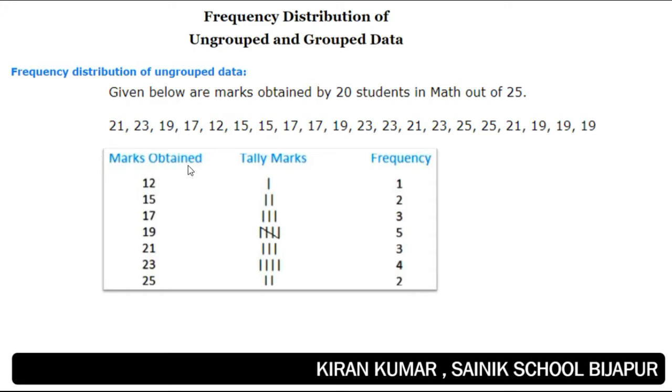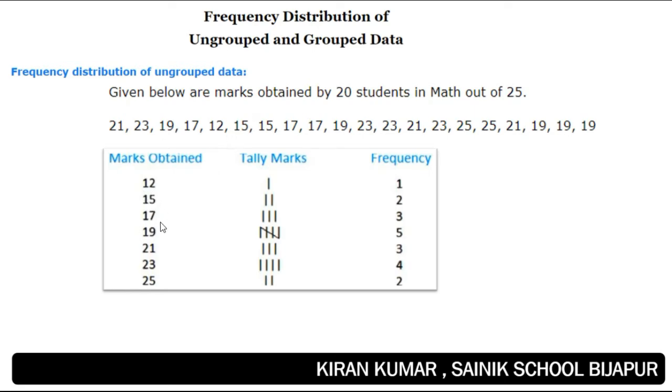Whenever we make a table, we first look at the number and we make a tally mark. If 12 is written only once, one line indicates one frequency. Frequency means the total number of times an observation occurs. Here, frequency 2 refers to the observation 15 repeated 2 times.